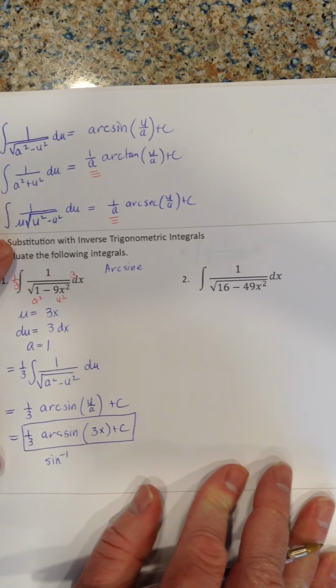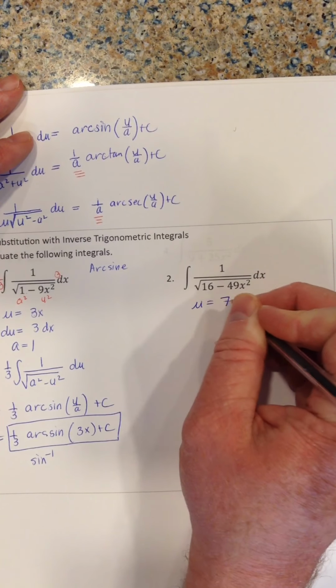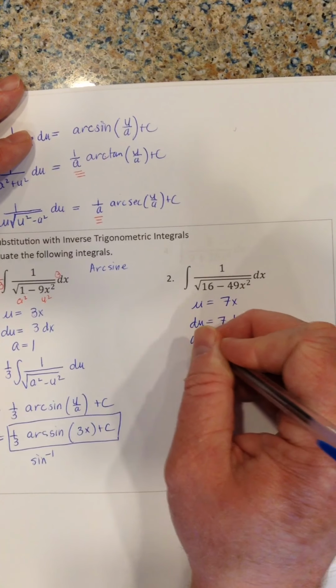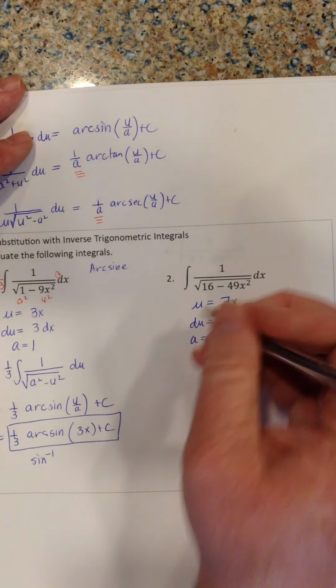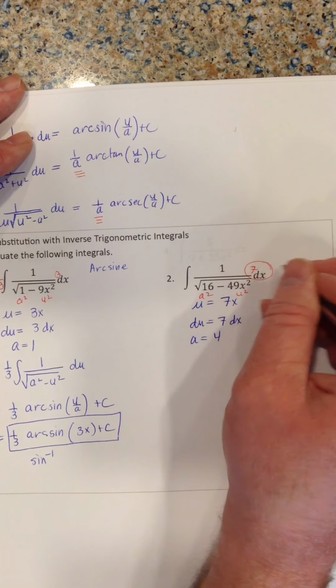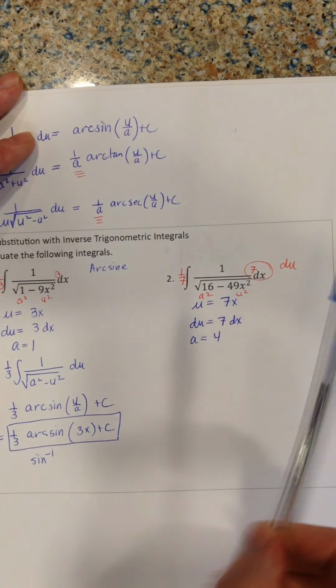Okay, let's move the paper over just a bit. u equals 7x, so du is 7 dx, and a would be 4 in this problem. So that'd be a squared, that'd be u squared. I need a 7 dx for my du, so I need a 1/7 in front, right?